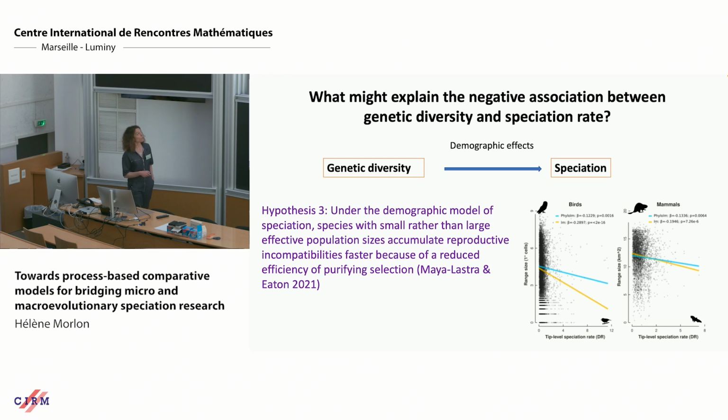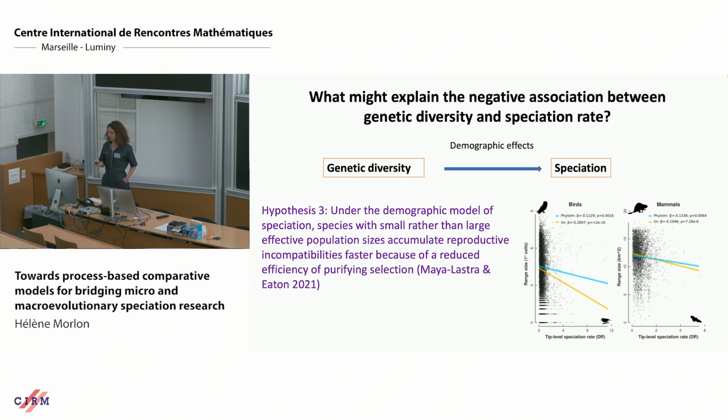So that's one possibility also, and in this paper here, they built a model where they showed that it's possible to generate this effect, and under this hypothesis, you would indeed expect a negative correlation between effective population size, genetic diversity, and speciation rates.